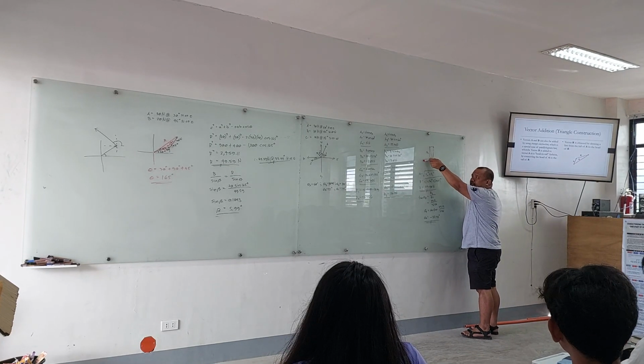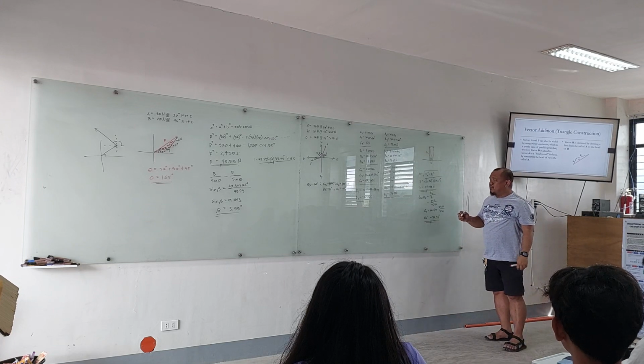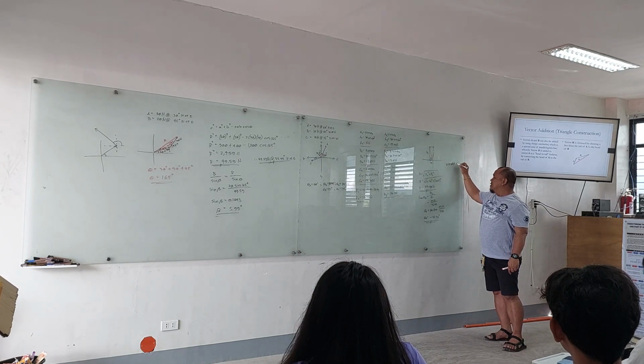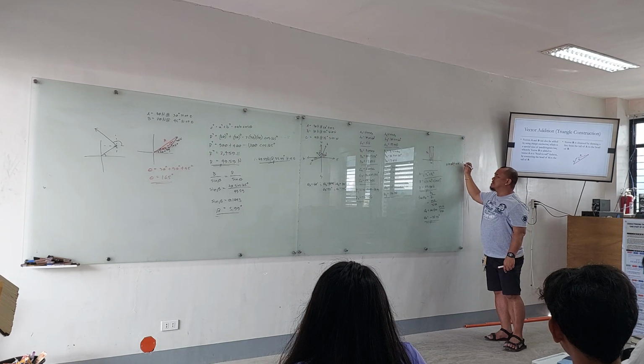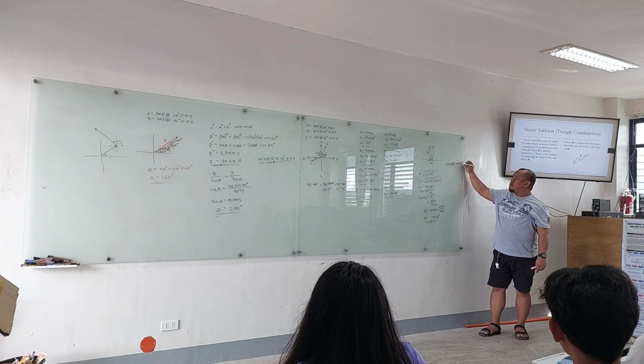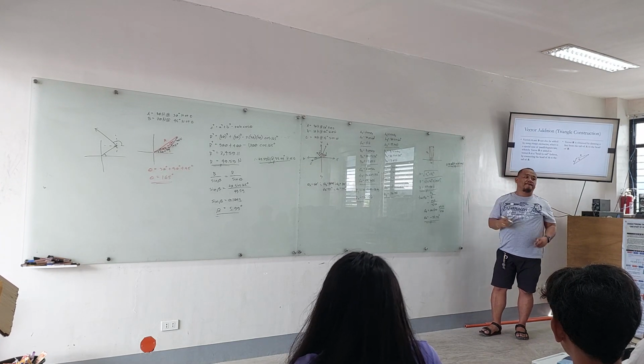So that is the answer. Therefore, R is just equals to 29.90 Newton at 77.33 degrees north of west. Final answer.